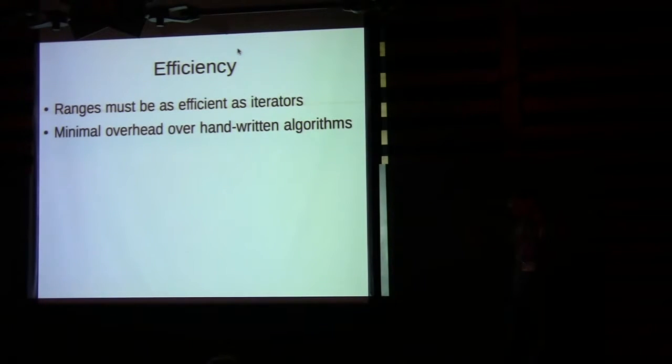And like the STL, we want minimal overhead over handwritten algorithms. That's a little harder because the STL is not perfect either. On the other hand, as Eric showed in his blog posts, in some cases the iterator abstraction is actually problematic, and a different abstraction is easier and gets more efficient code.